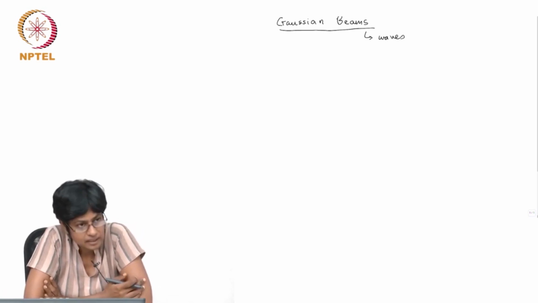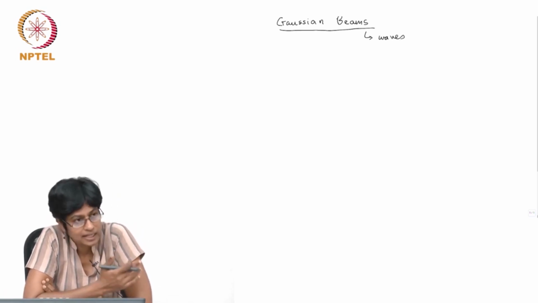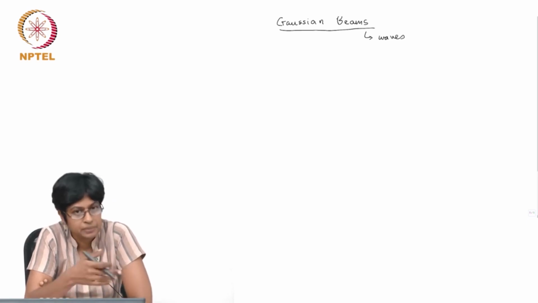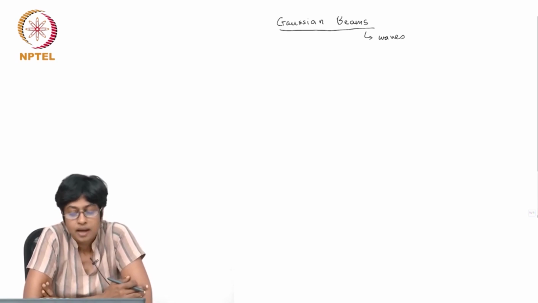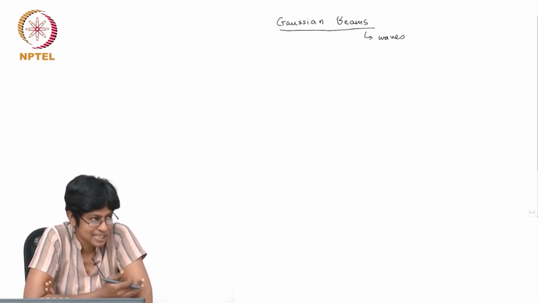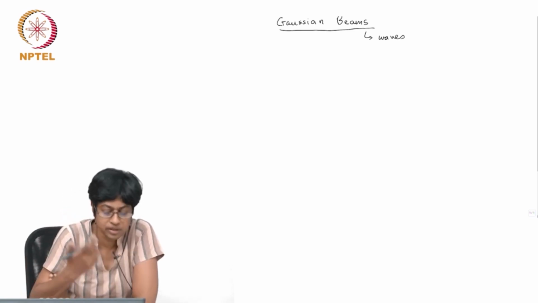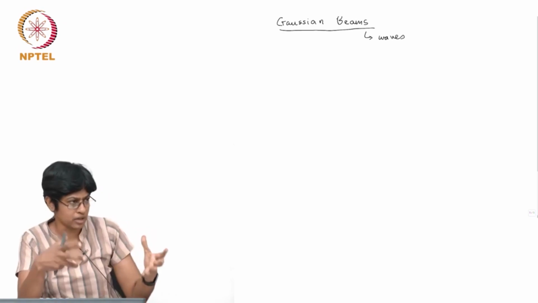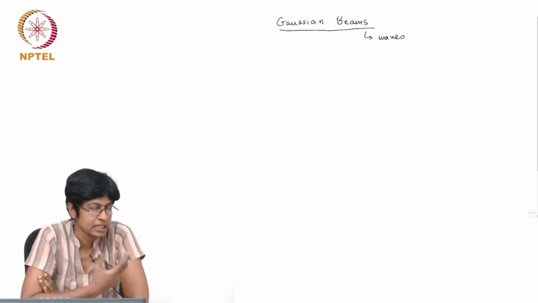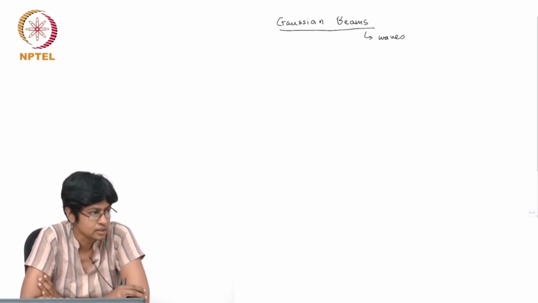Now, there are many reasons why we study light in this way, and those reasons will become clear as we go along the course. One point to note is that in many applications today, the source of light that we use is a laser. You would have heard of laser diodes. Many of our small systems will have laser diodes, and many larger systems will have different kinds of gas lasers or a variety of lasers.